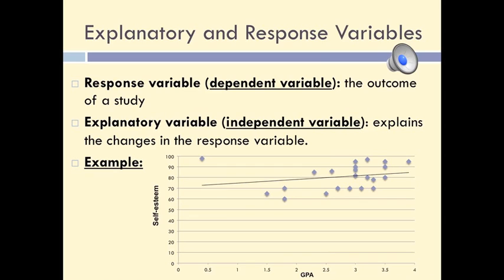To continue with our example, if we want to predict self-esteem based on GPA, we must first create a plot and put GPA on the x-axis because this is our predictor, our independent variable, and self-esteem on the y-axis because this is our dependent variable or our response variable.